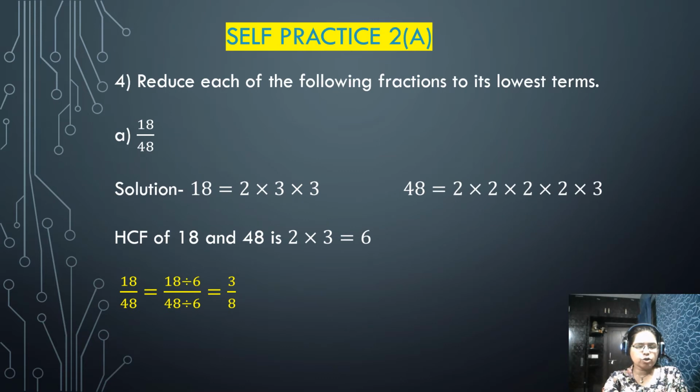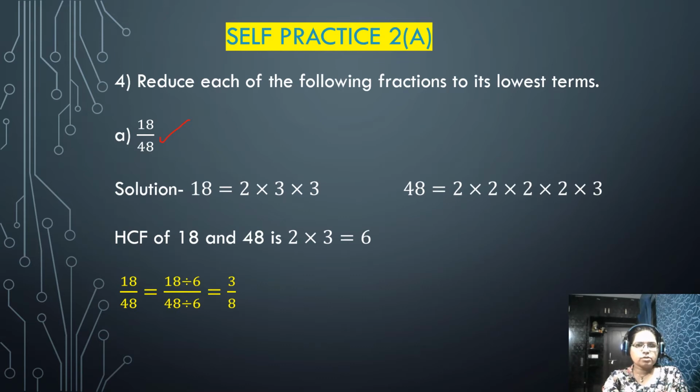Now we will solve question number 4. Question number 4 is: reduce each of the following fractions to its lowest terms. The first part is 18 divided by 48.